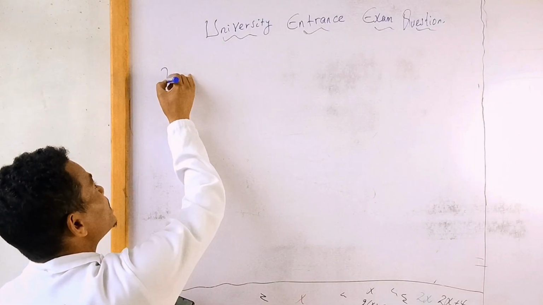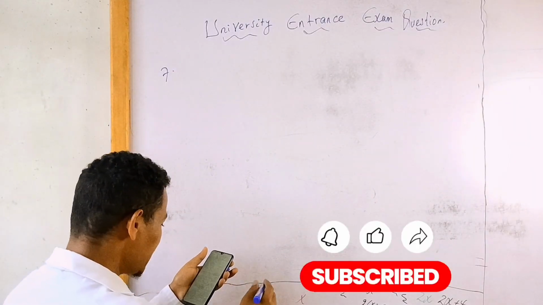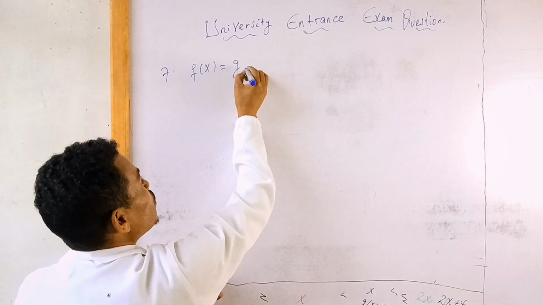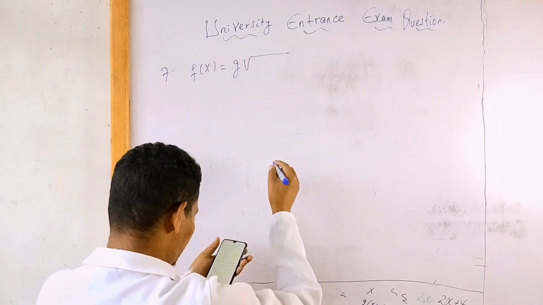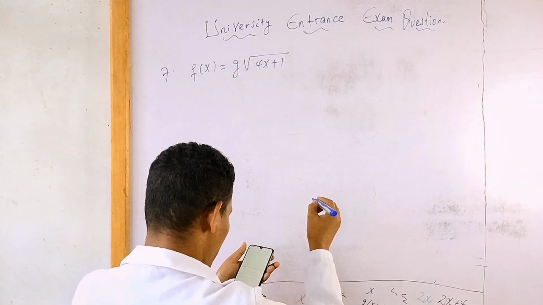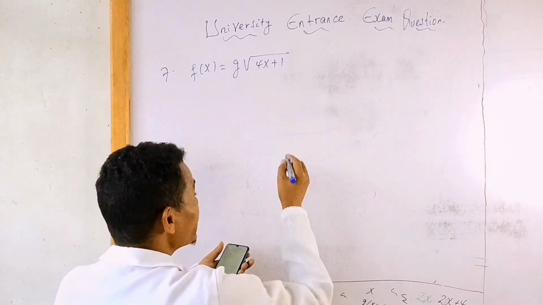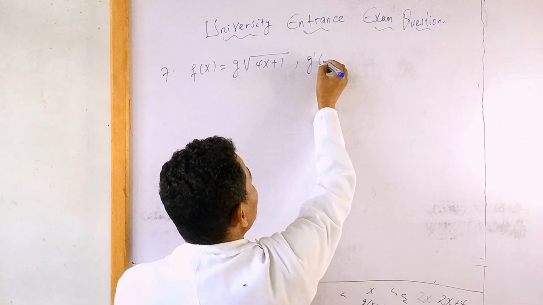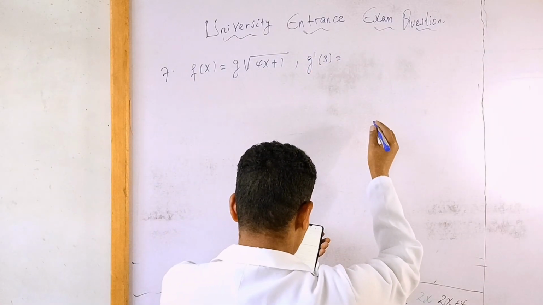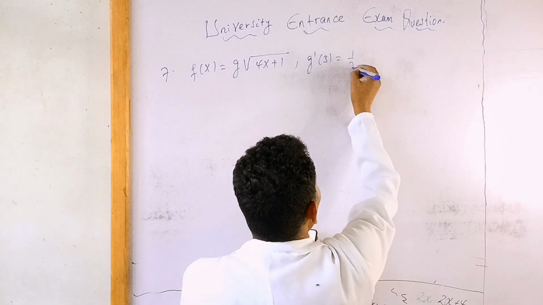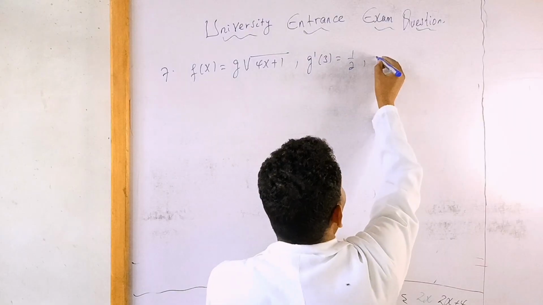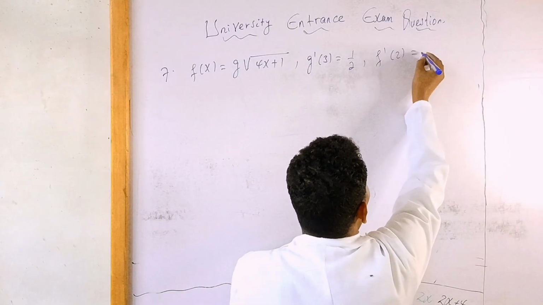Question number 7. Let f of x is equal to g of radical 4x plus 1, and if g derivative at 3 is equal to 1 over 2, then f derivative at 2 is equal to blank.